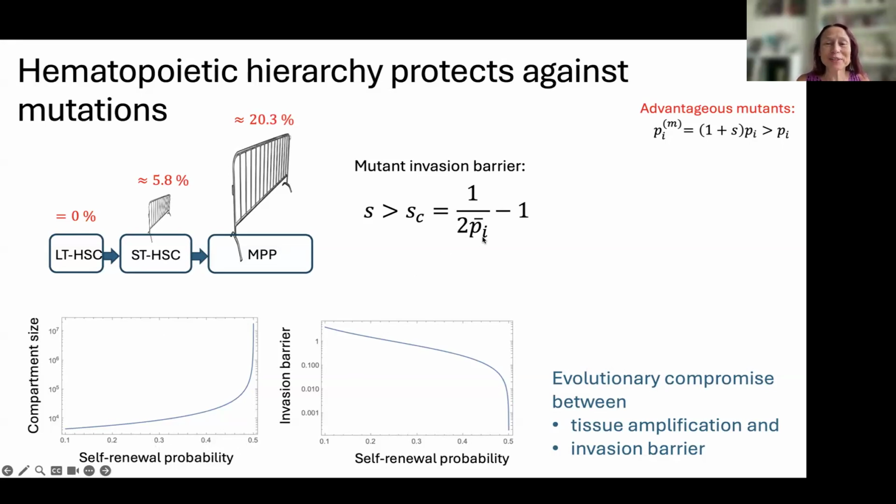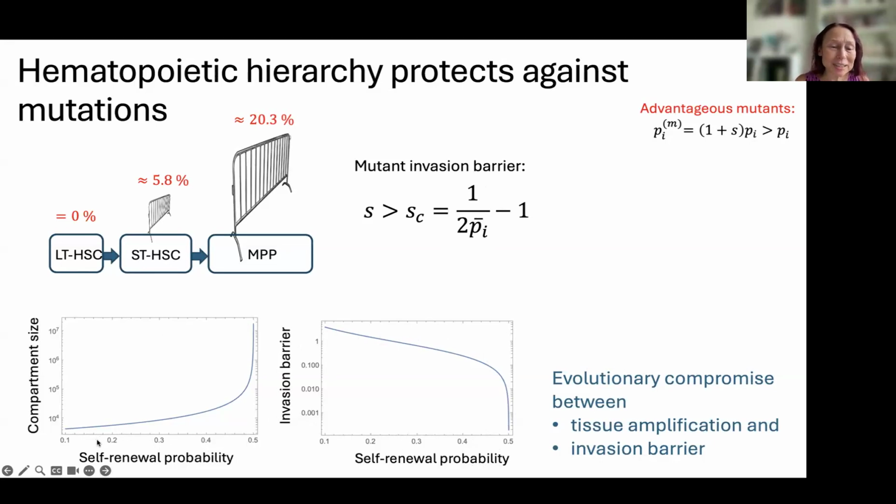the self-renewal probability is responsible for creating the invasion barrier. And the invasion barrier, as a function of self-renewal probability, looks like this. It plunges. If the self-renewal probability is very close to 1/2, there is no invasion barrier. Look at that. So I don't want to be here, because I want to protect against mutations.